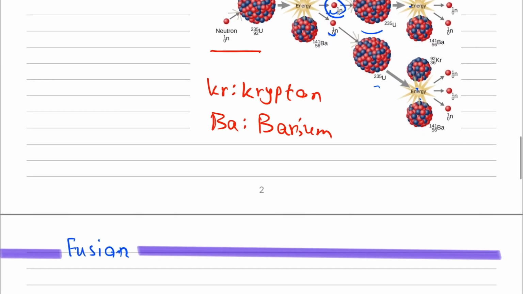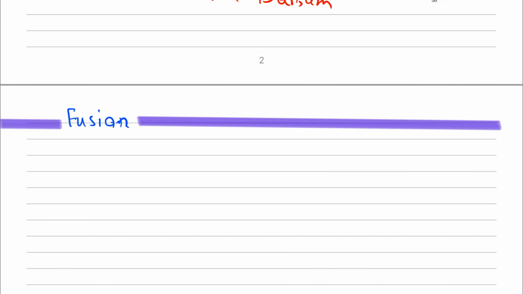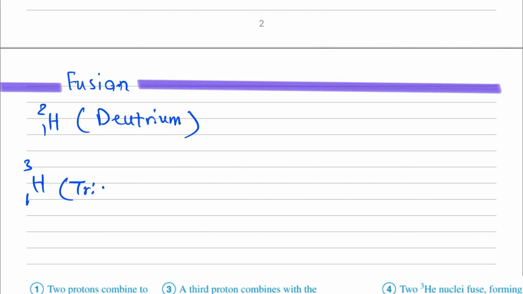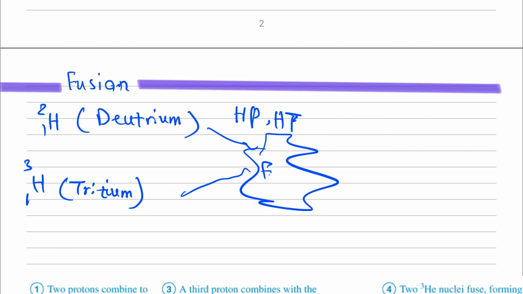In fusion, actually, two positively charged nuclei get close to each other. As an example, if we select hydrogen 2, which is called deuterium, and hydrogen 3, which is called tritium, and under very high pressure and very high temperature, we fuse them together.